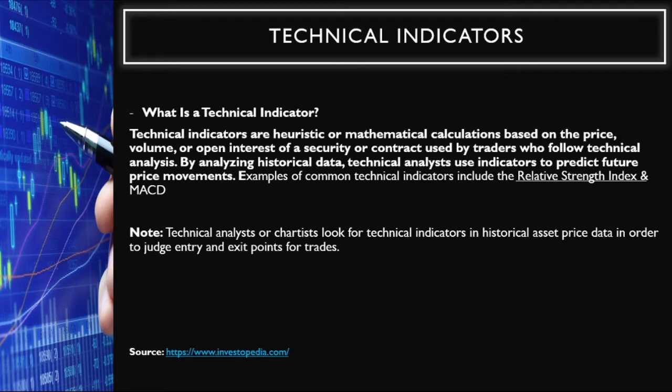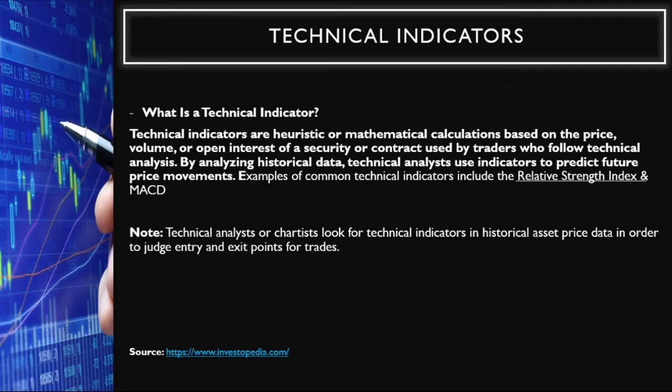By analyzing historical data, technical analysts use indicators to predict yung future price movement. Examples of commonly used technical indicators, including but not limited to, are these two: Relative Strength Index or RSI and MACD, which we will discuss further later in this video.